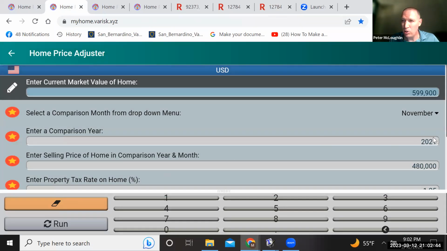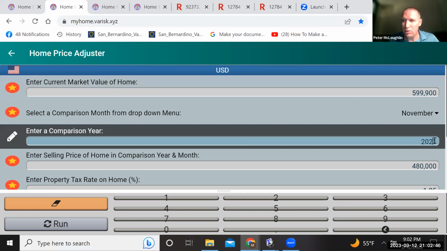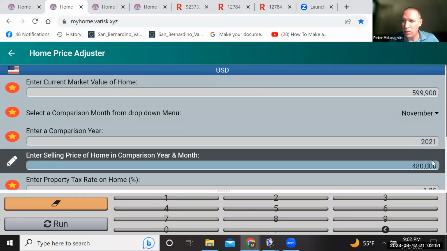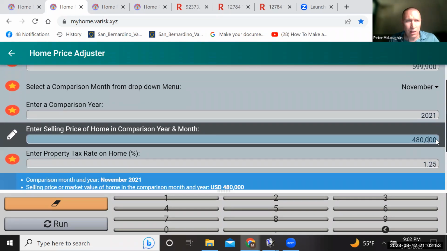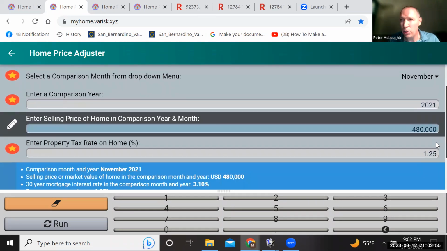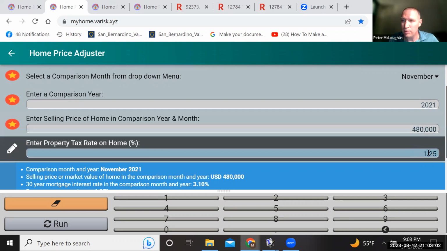Then the comparison year, 2021, which I've already entered there. And then the selling price in the comparison year goes here. And then the property tax. In California, unless it has Mello-Roos, the standard property tax will be 1.25%. So I put that here. This won't have Mello-Roos because the house was built in 1991.